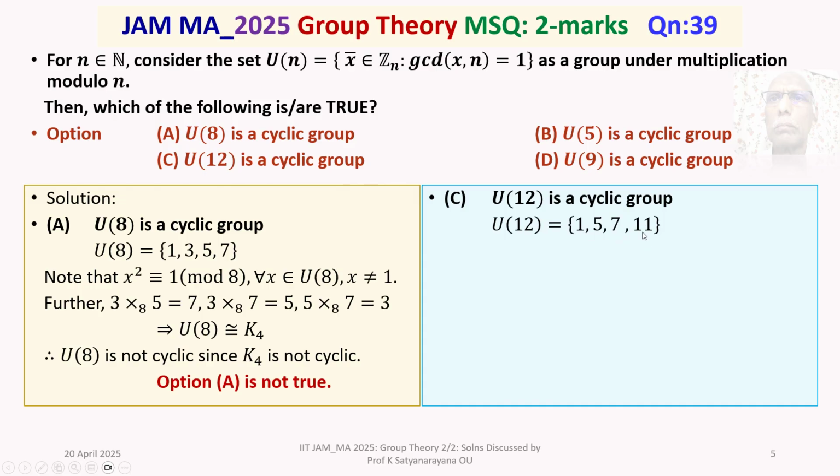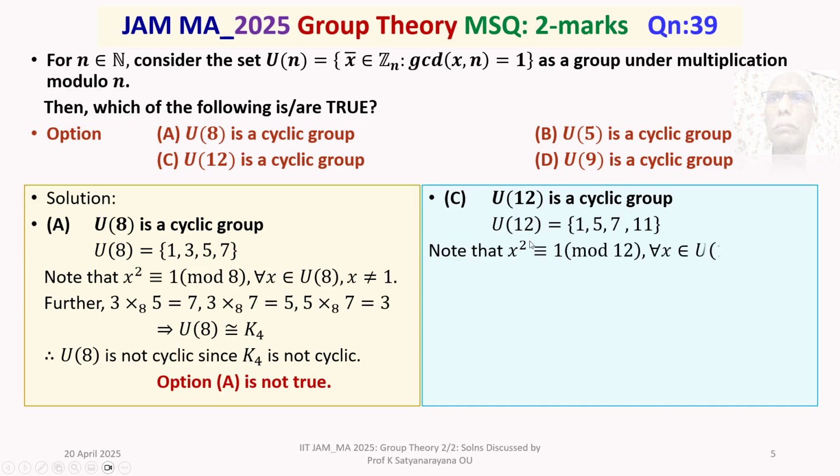So again you got 4 elements and note down 1 square is 1, 5 square is 25, multiplication modulo 12, is 1, 7 square 49, 12 fours are 48, congruent to 1 mod 12, 11 square 121, 12 tens are 120, congruent to 1 mod 12.